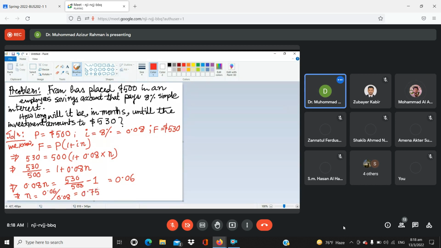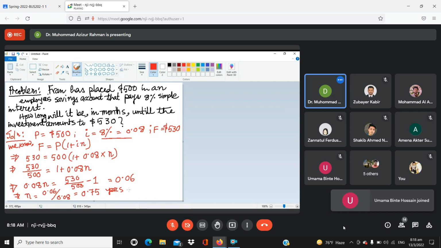So 0.75, this value is in what? In years, because the simple interest rate is yearly, annually. So now we have to convert these years to months, because the question is asking in months.